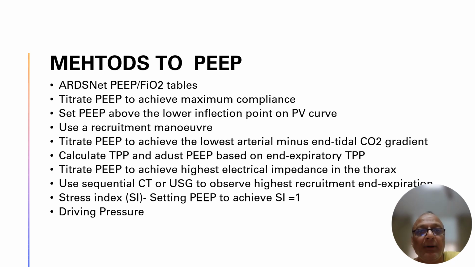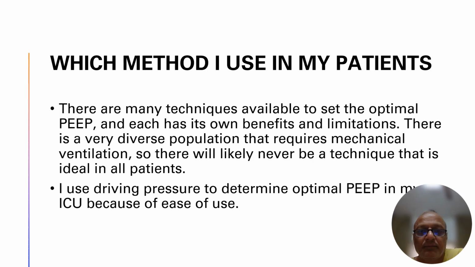Use electrical impedance tomography and titrate PEEP to achieve the highest electrical impedance in the thorax, which means the greatest amount of aerated lung. Use sequential CT scan or ultrasonography to visually determine a PEEP at which the greatest volume of the lung is recruited during end expiration. Using stress index to determine optimal PEEP involves setting the PEEP to a pressure at which the stress index value is 1, and lastly, manipulating PEEP to achieve lowest driving pressure.